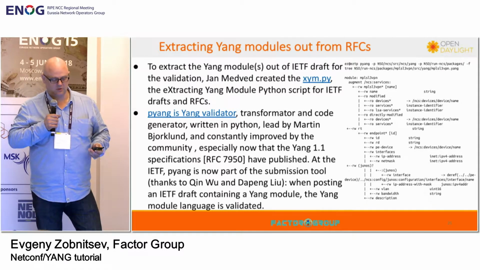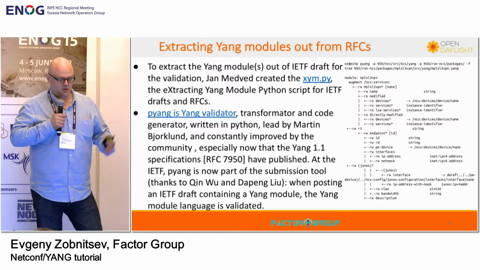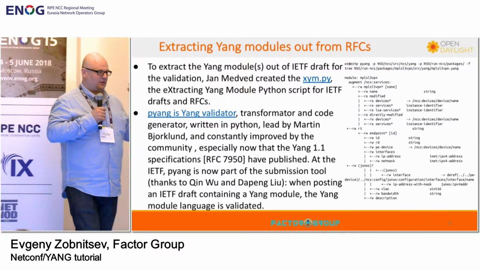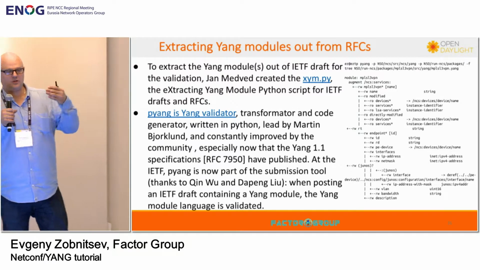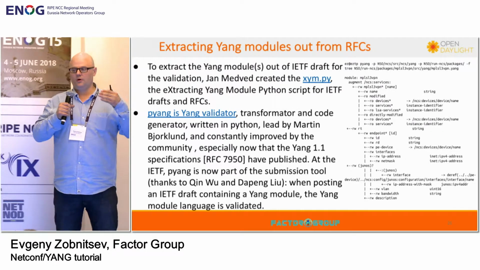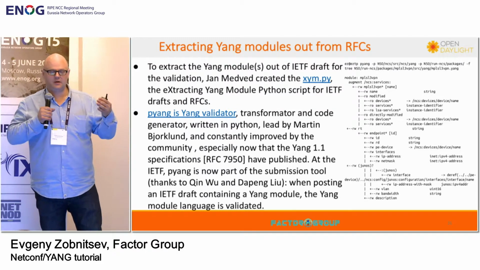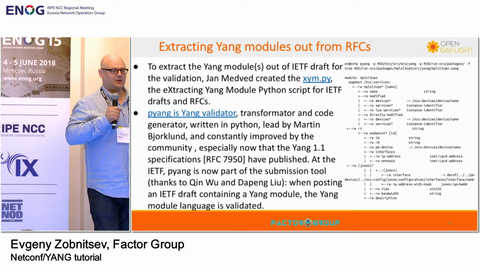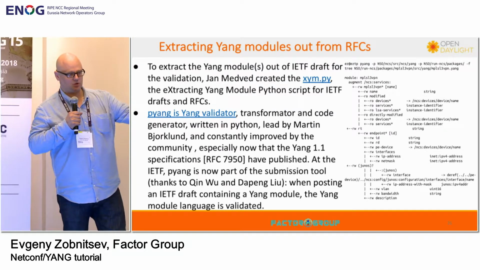Among utilities, you have Pyang to watch and validate, and SymPy, to get YANG models from IETF drafts. As a YANG model is a text file, if you take any RFC that refers to new functionality, the YANG model is there straight in the RFC.